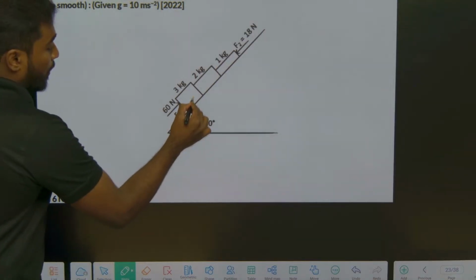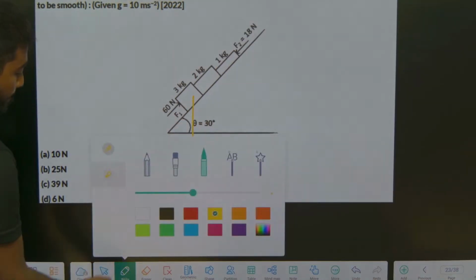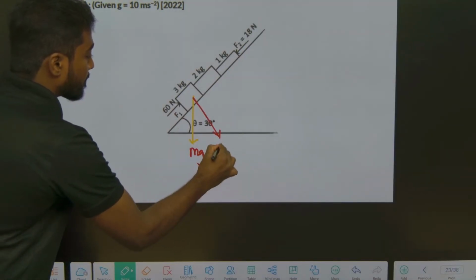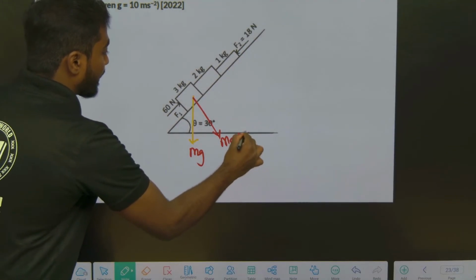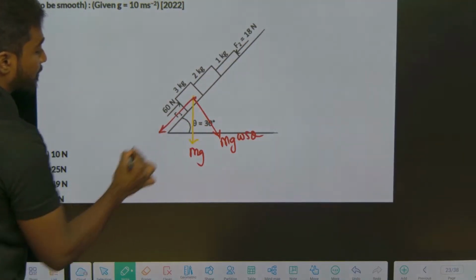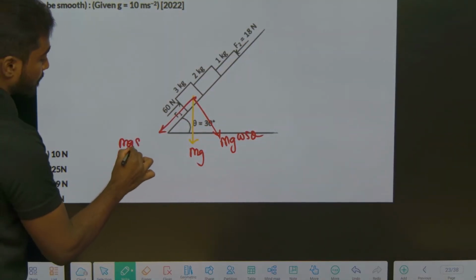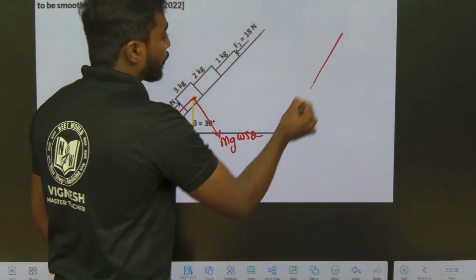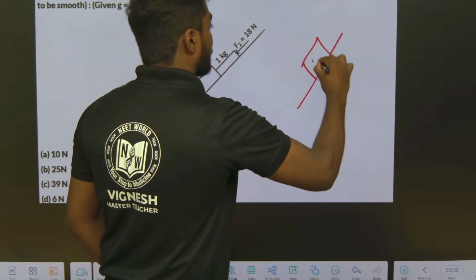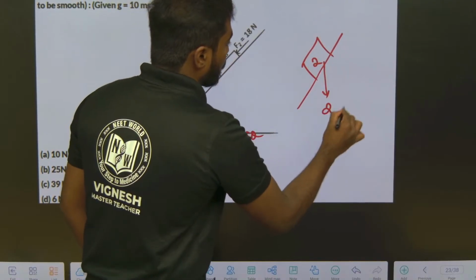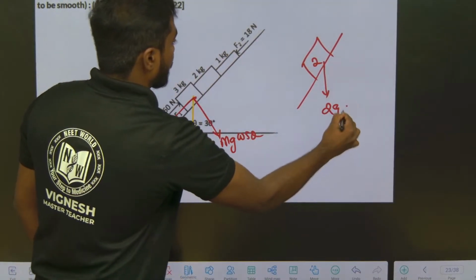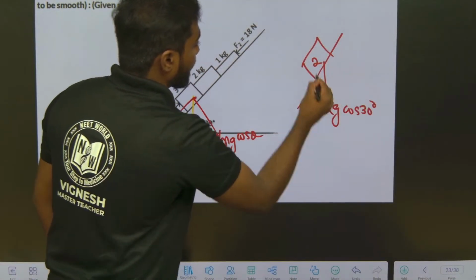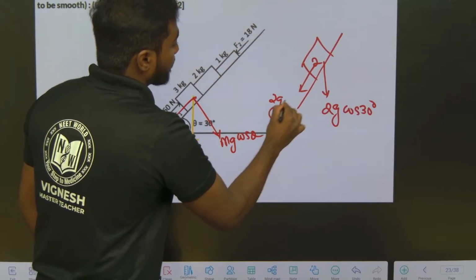for the first one, this is the 3 kg block. This is my mg, this is my mg cos theta and this is my mg sin theta. So for block 2, that is the 2 kg block, 2g cos 30 degree, and this is my 2g sin 30.